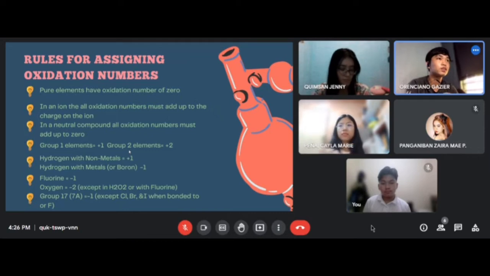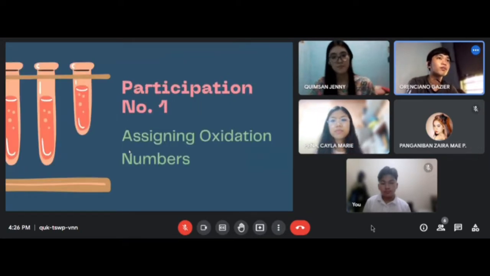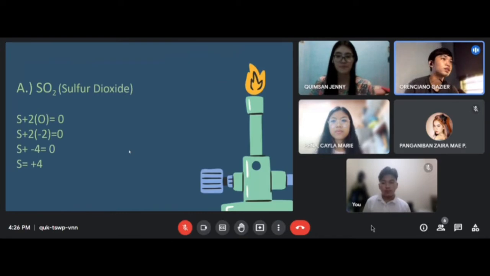So let's start solving oxidation numbers. Problem number 1, assigning oxidation numbers. Letter A, we have here sulfur dioxide. What we will find is the oxidation number of S. Then, S plus 2 atoms of oxygen equals 0.